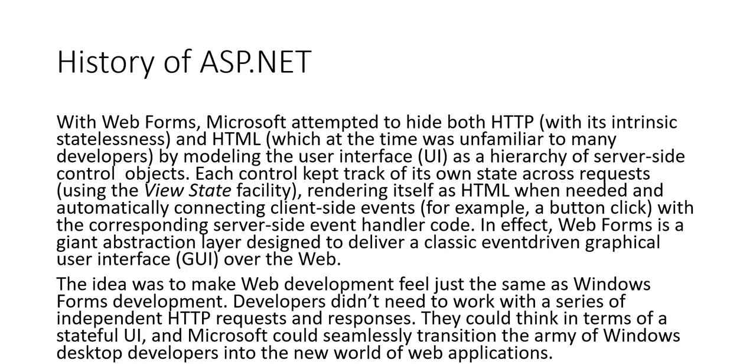They introduced it by modeling the user interface as a hierarchy of server-side control objects. Each control kept track of its own state across requests using the view state facility.